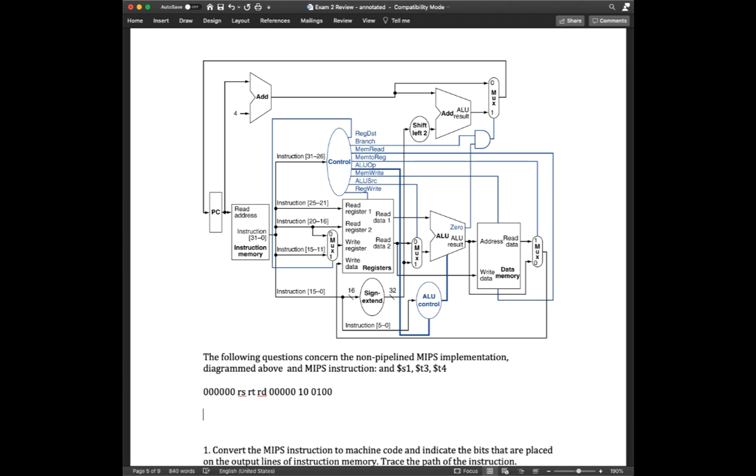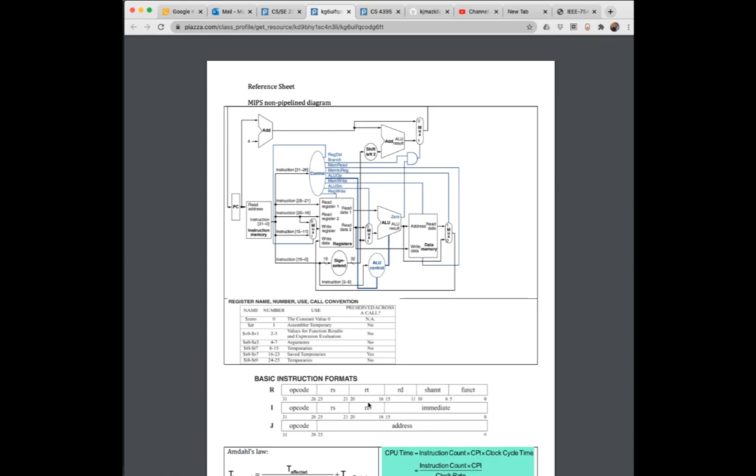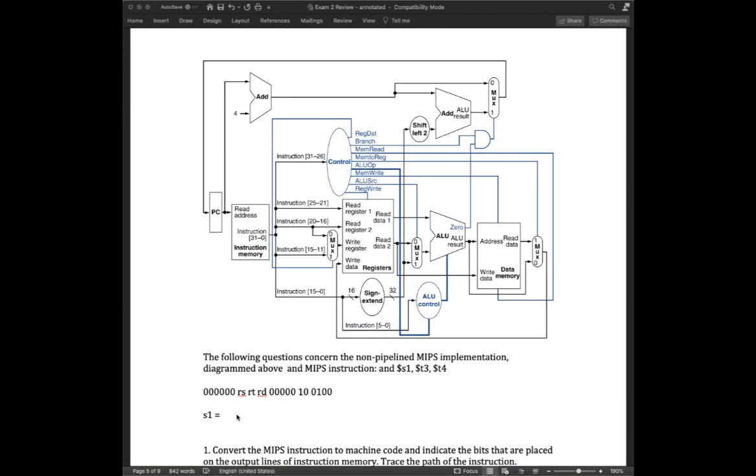All right, so let me figure out the rest of these. S1, that's my RD. S1, if I look on the reference sheet, let me go ahead and do that. Here's my R format. S0 is 16, so S1 must be 17. So S1 is 17, and if I want to express that in 5 bits, that's going to be 1, 0, 0, 0, 1.